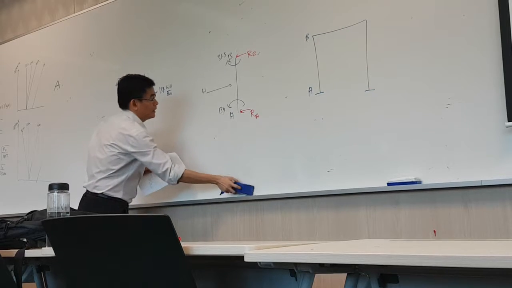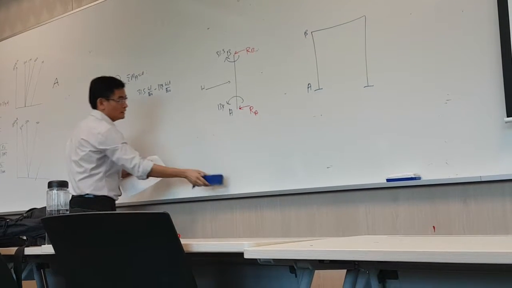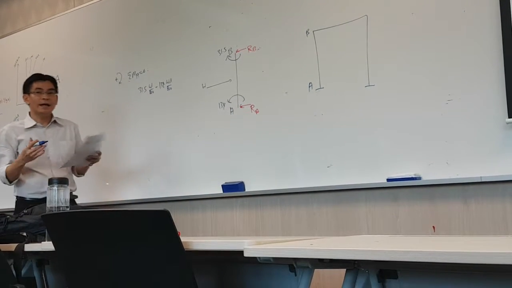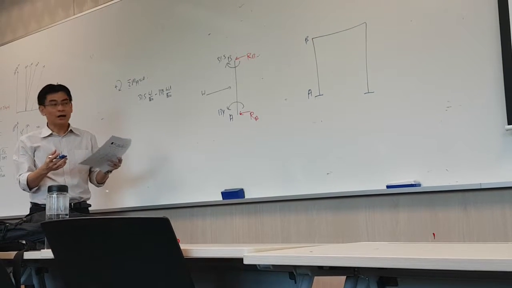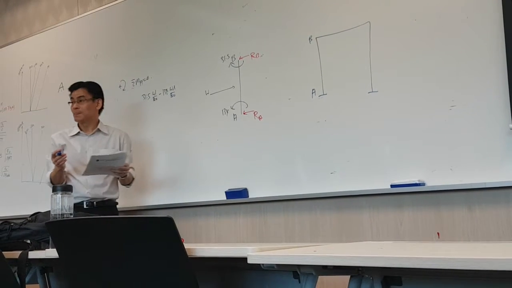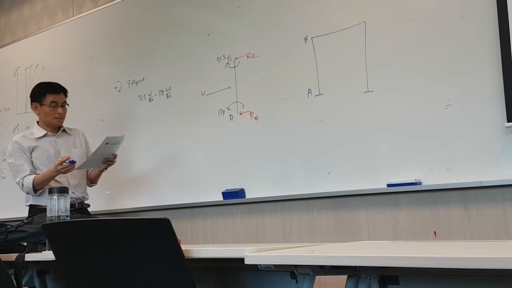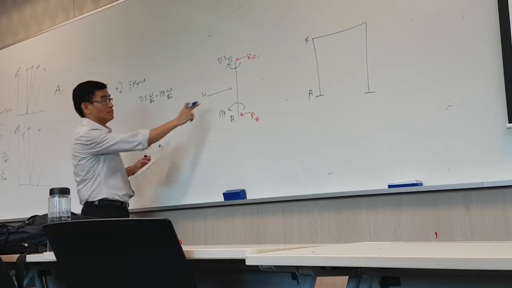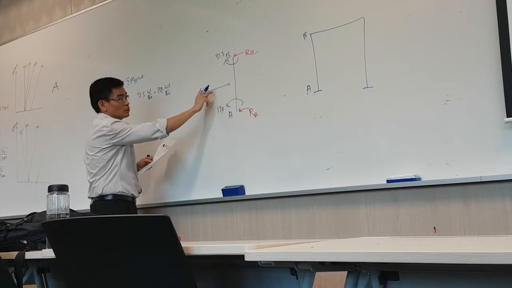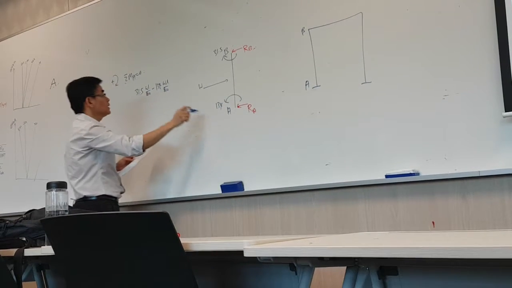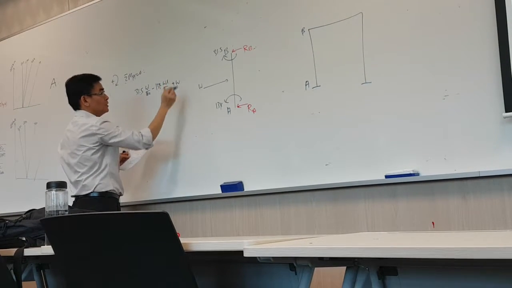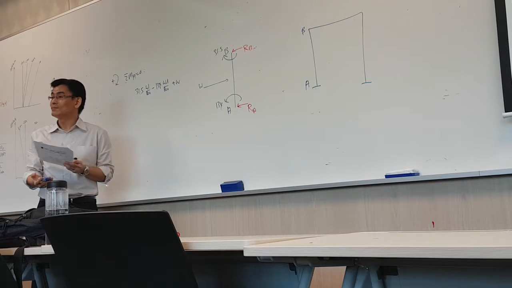What other forces act to produce a moment about point A? The next thing will be W. Because W induces a clockwise moment, you have plus W multiplied by the moment arm.